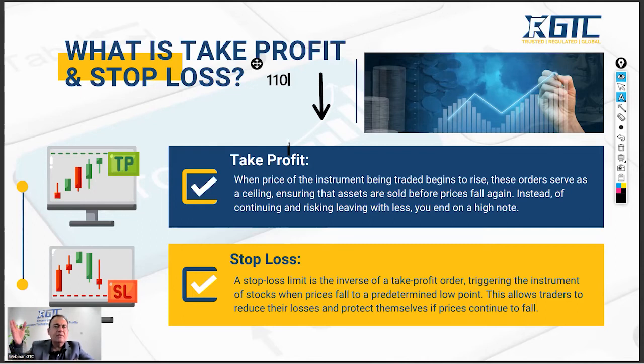And vice versa in case of a sell trade: I can define my take profit at a lower number because I'm selling here, and my stop loss higher than my entry price. So by giving take profit and stop loss numbers in the trading system, we can predefine, or preset, our orders.